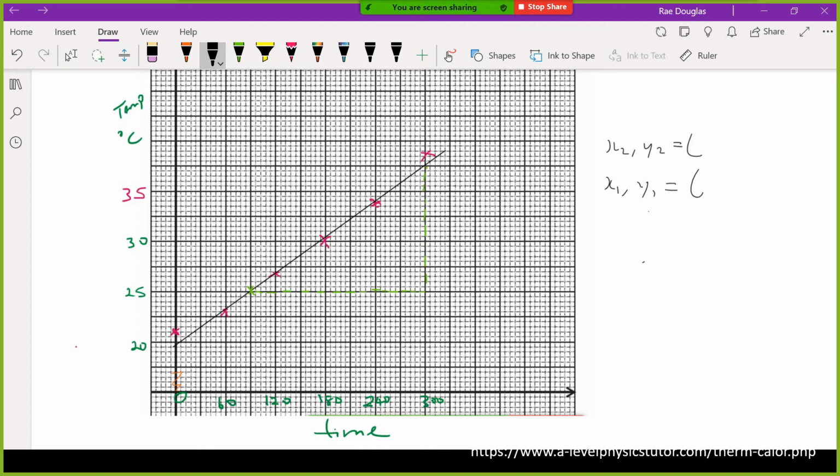All right, so my x2 is going to be 300, comma, no. Now remember when I was telling you guys about how you could find out what one of these small boxes represent? I'm going up by 5 degrees for every 2 centimeters. So if I'm going up by 5 degrees every 2 centimeters, yeah, go ahead.